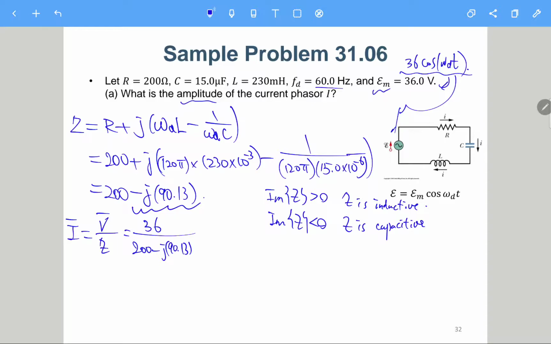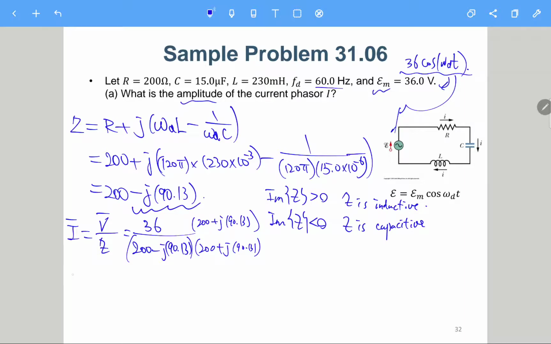So you can actually try to simplify it by multiplying this by 200 plus j 90.13, and also multiply the numerator by the same, like this. Then you can simplify it, and it becomes something like A plus jB.